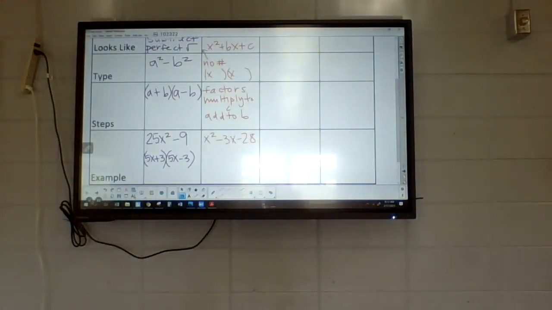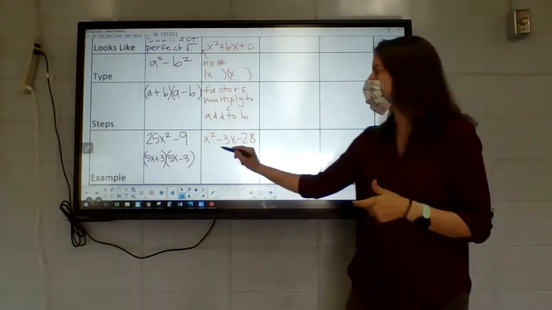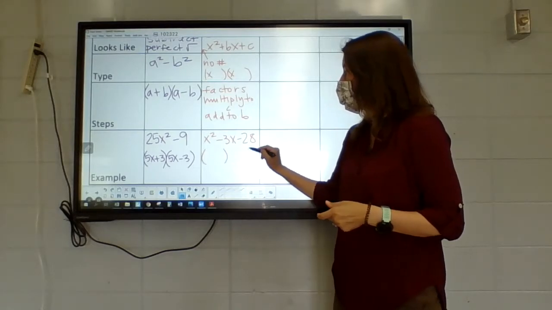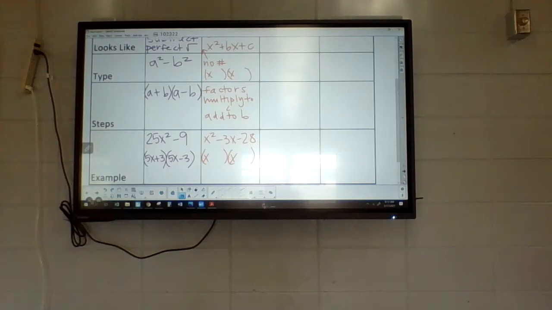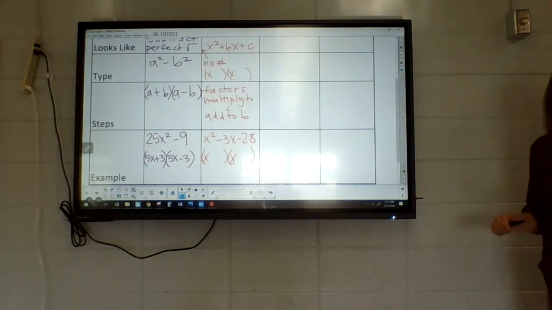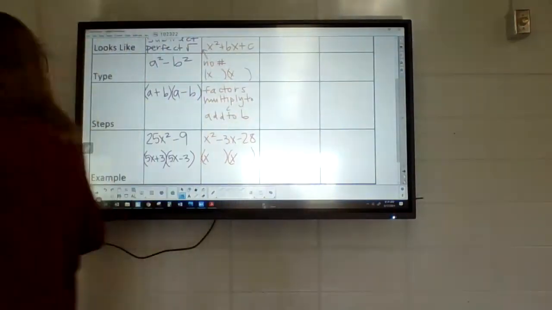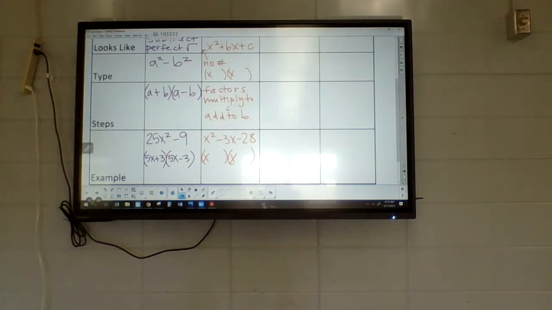This one doesn't have one. 3 terms. It has nothing in front of the x squared, so that's how I know already that we have to do x times x. And we know we want to multiply to a negative 28, but add to a negative 3.